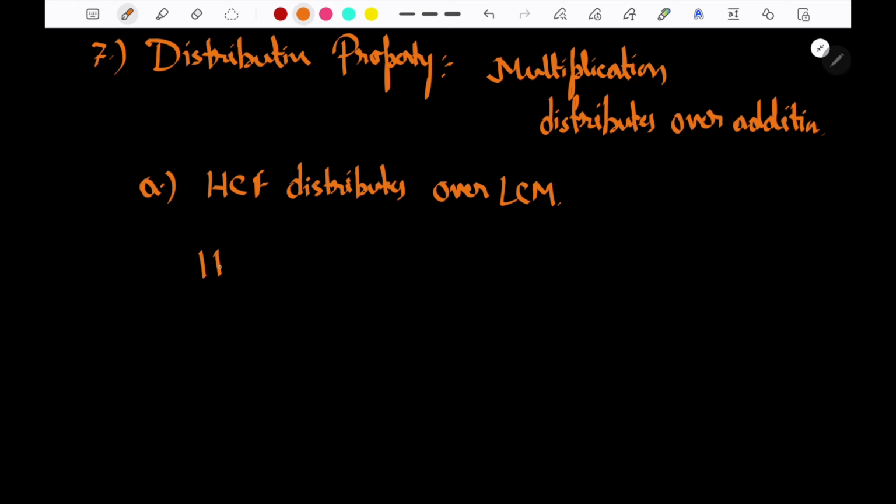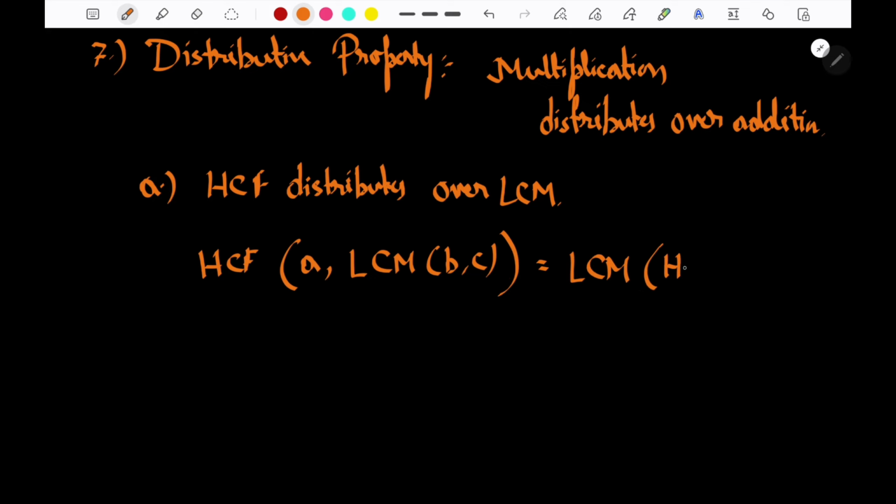How? Let's check. HCF of A comma LCM of B comma C can also be said as LCM of HCF of A comma B and HCF of A comma C. That is the distributive property.